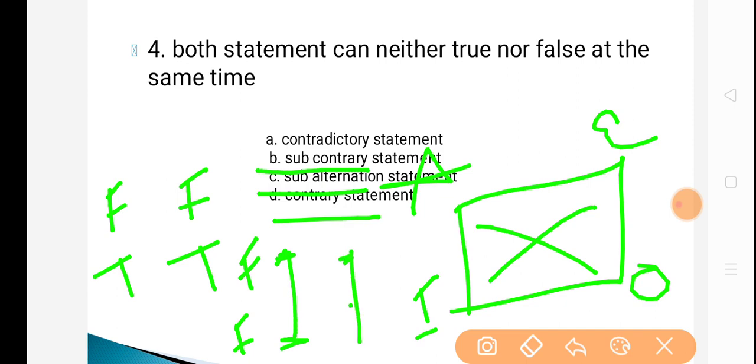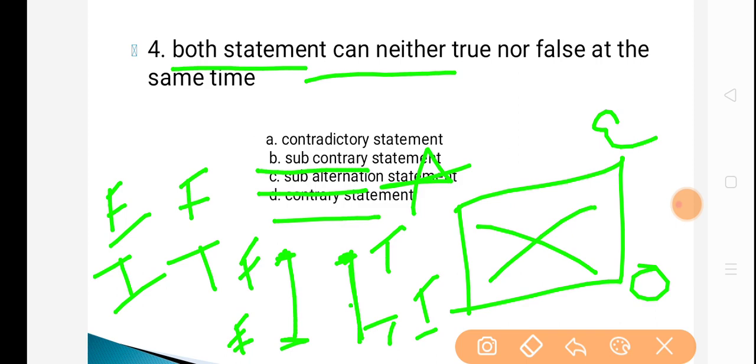If the top is true, then the bottom moves toward true. So here you can see both statements can be neither true nor false at the same time. At the same time, it does not become false or true. In all three of these you can see both became false, true, like that.